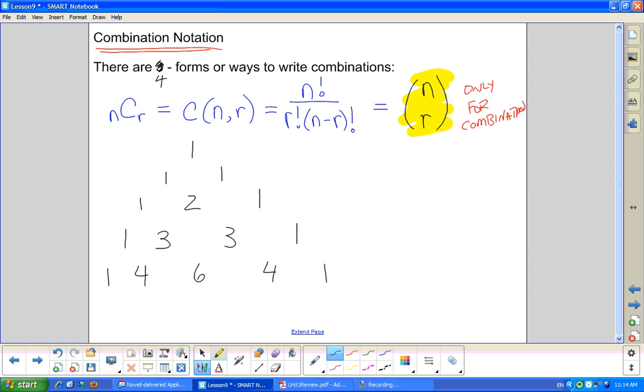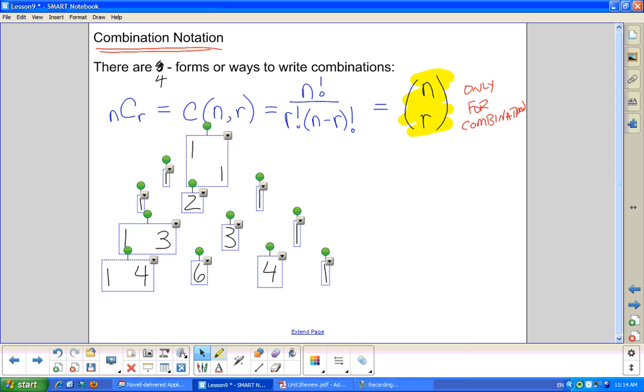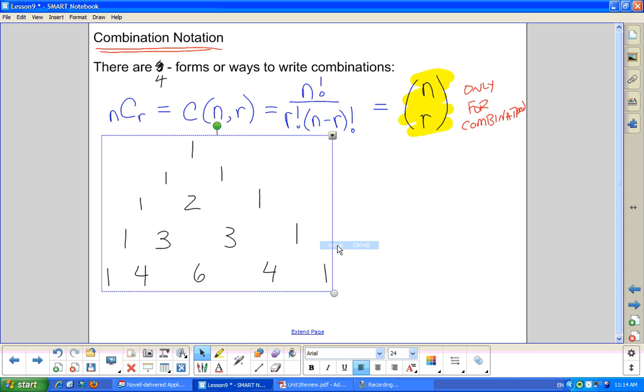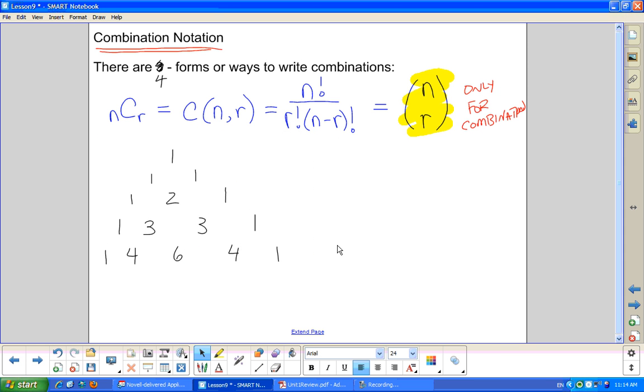I'm going to show you the combination format for Pascal's triangle. Each part of Pascal's triangle can be written as a combination, where the first one at the top of Pascal's triangle would be 0, 0. If you punch 0, 0 into the calculator, you would have 1.